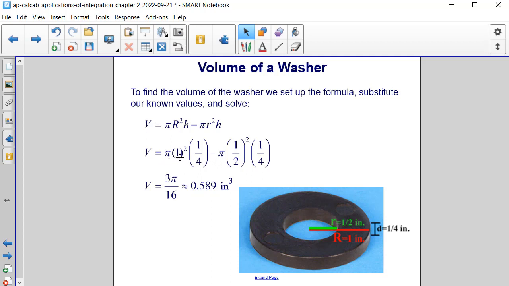When we simplify this, we'll get pi over 4 minus pi over 16. That's 4 pi over 16 minus 1 pi over 16, or 3 pi over 16 when we do the subtraction. That's equivalent to about 0.589 cubic inches.